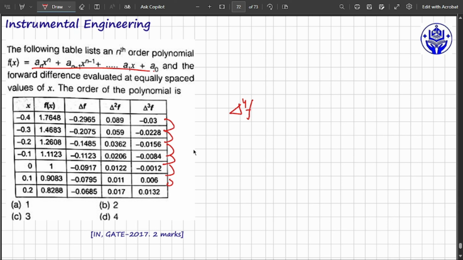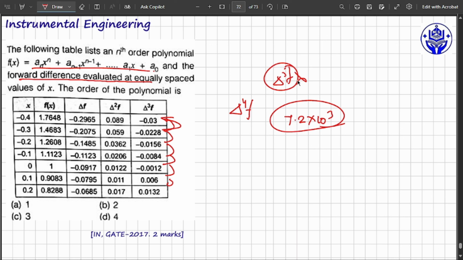So what is the order of the polynomial? The forward finite differences are evaluated from this to this. If you find it, you will get del 4 of f as 7.2 into 10 to the power 3. After that, del 5f we are not able to find. It means it is a fourth order polynomial, because of that we are able to solve only up to del 4f.